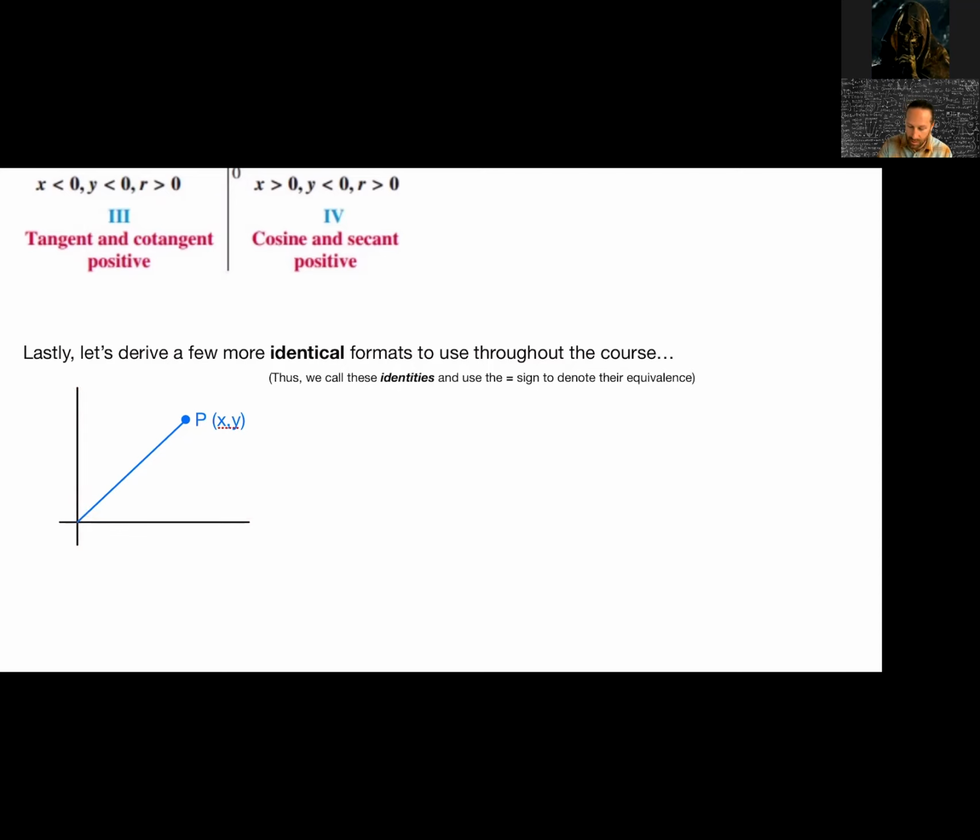All right, then I know I would get to that point by either rotating some angle theta and marching out some radius length r, or I could go over that x, up that y, and create my right triangle. Now, what was one thing that we said that we could use if we are given a right triangle?